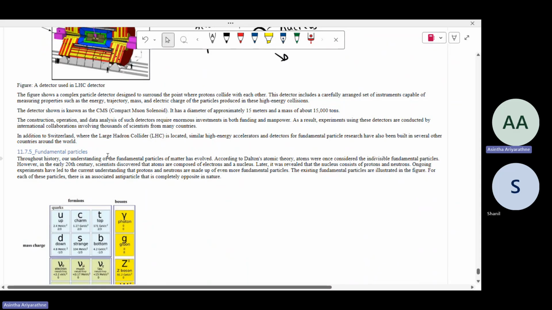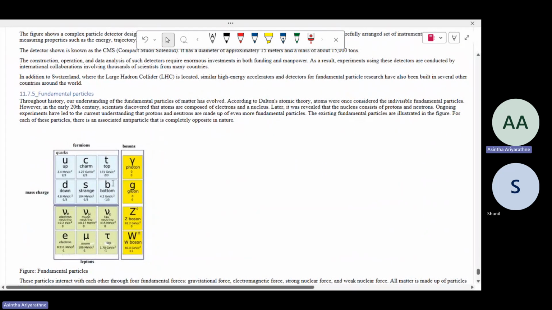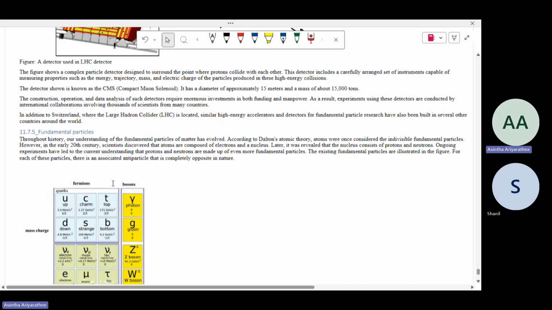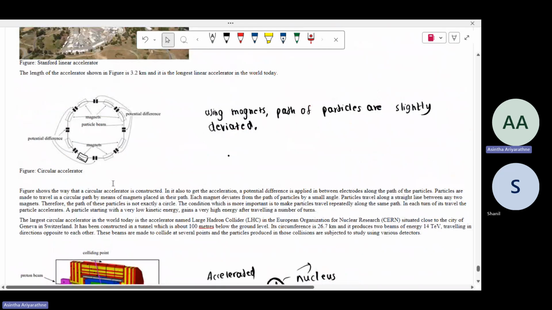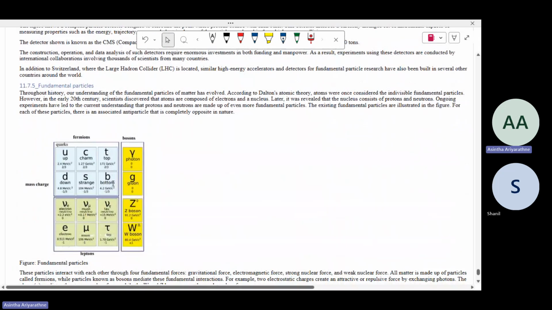These are the modern fundamental particles. We cannot say these are the smallest particles yet, because earlier scientists thought electron, proton, and neutron were the smallest particles that could be there, but now even smaller particles have been found.